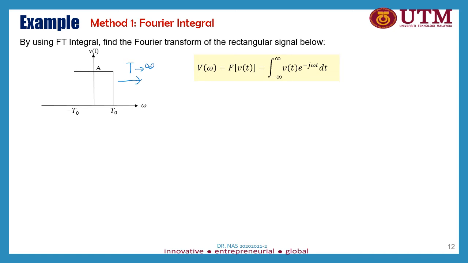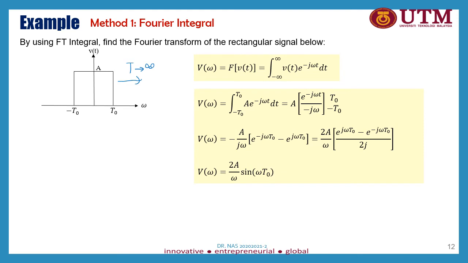In this case, the v(t) is the rectangular function with magnitude A. So this is your v(t). Perform the integration from minus t0 to t0. After integration, you'll get this V(omega). So this is the Fourier transform of the rectangular signal.